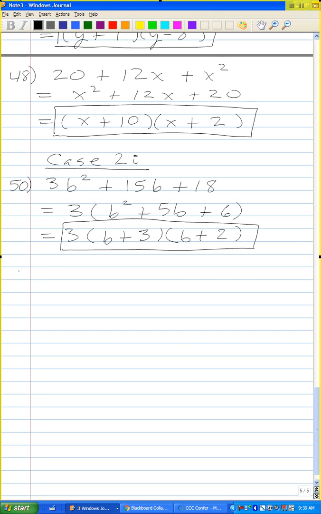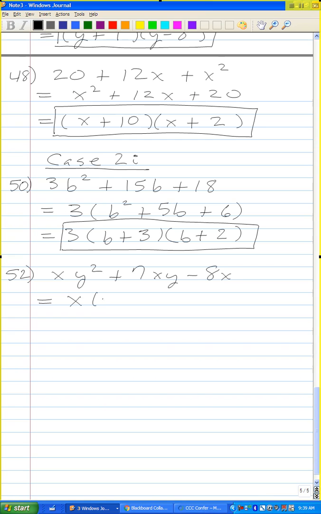Let me do problem number 52. X y squared plus 7xy minus 8x. So first I notice that there's an x in common. So let me factor out my x.